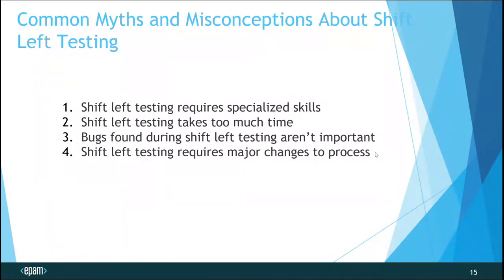And while shift-left testing does involve some adjustment to workflow, the changes are minor in reality. Things like increased collaboration, short feedback loops, and focus on incremental development, it's good time savers and effort savers in the long run. And shift-left testing complements agile methods many teams already use. Just add one more step.